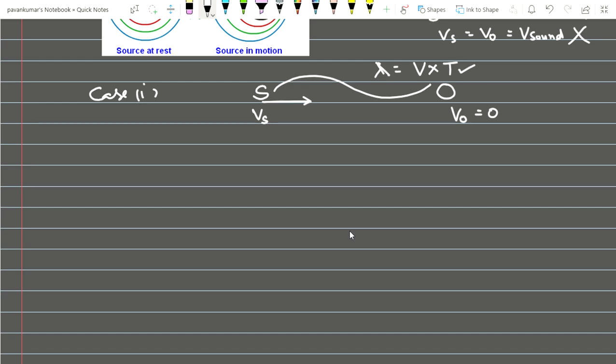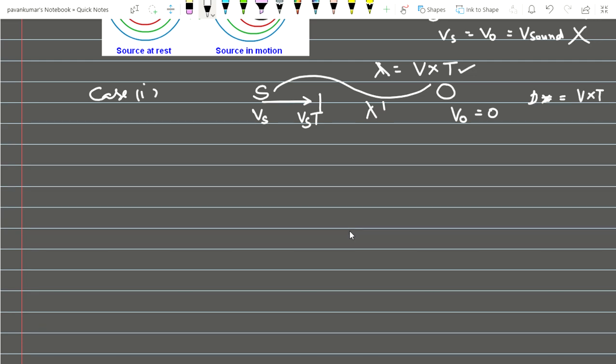During this time period t, the source is also moving and the distance travelled by the source is given by Vs into t, because distance is equal to velocity into time. Here time is the time period of the wave. So, the remaining distance is given by lambda dash.